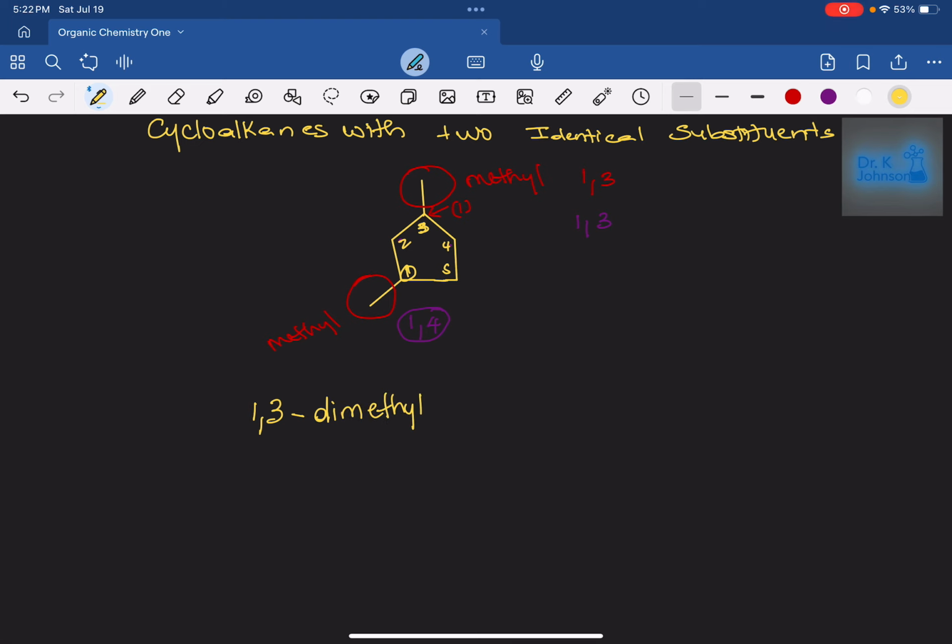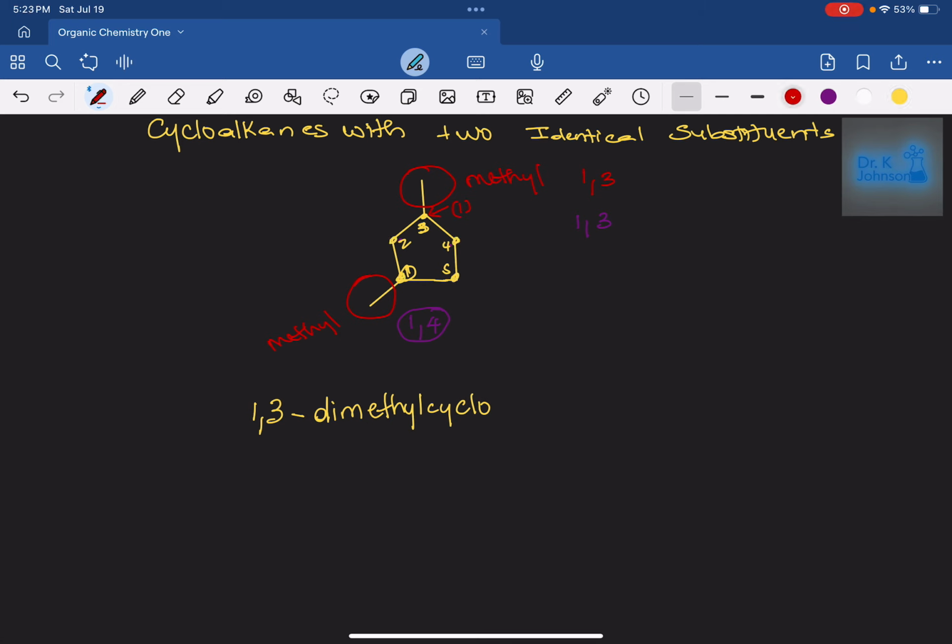And remember, your ring structures, which look like your regular polygon, this is a pentagon, you must write cyclo. They're not straight chains, they're rings. So when you name, you must include cyclo, which tells me I have a polygon, whether it's a pentagon, a triangle, a square. And then this particular cycloalkane has 5 carbons.